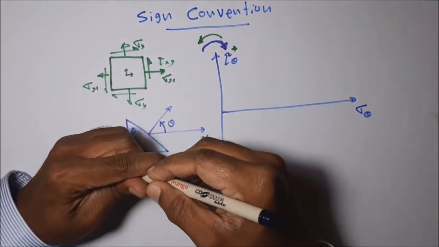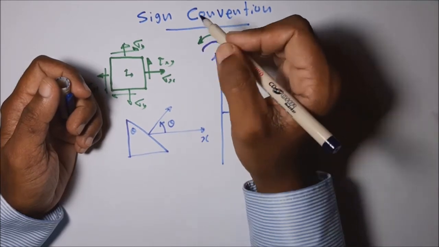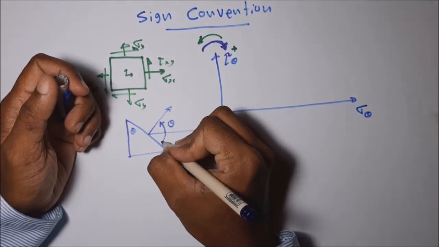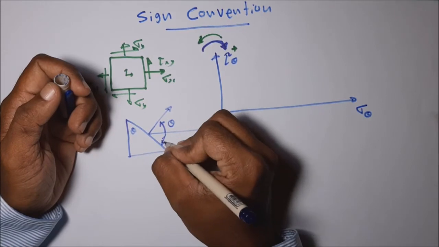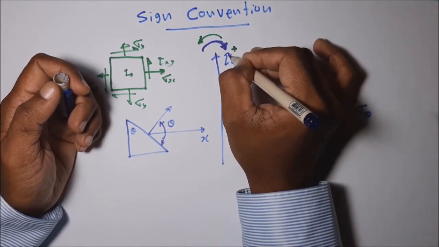If we take anti-clockwise shearing stress as positive, we have to measure the angle the other way around. So one reason we take clockwise shearing stress as positive, why?